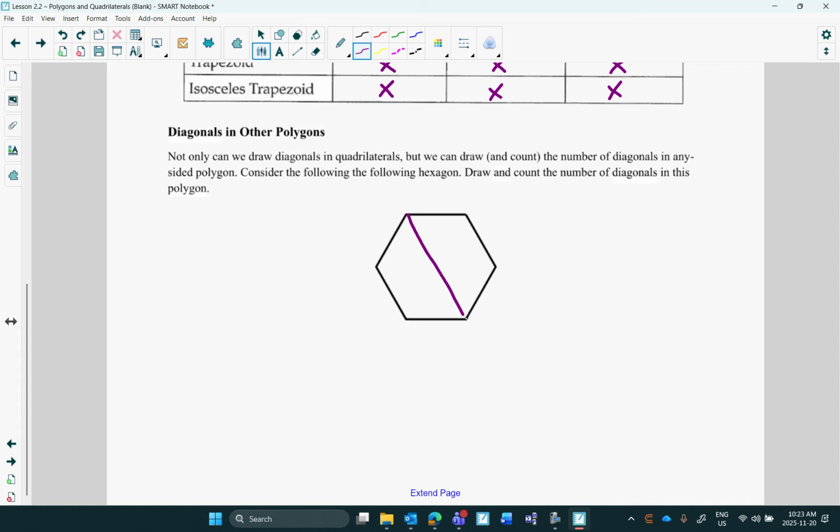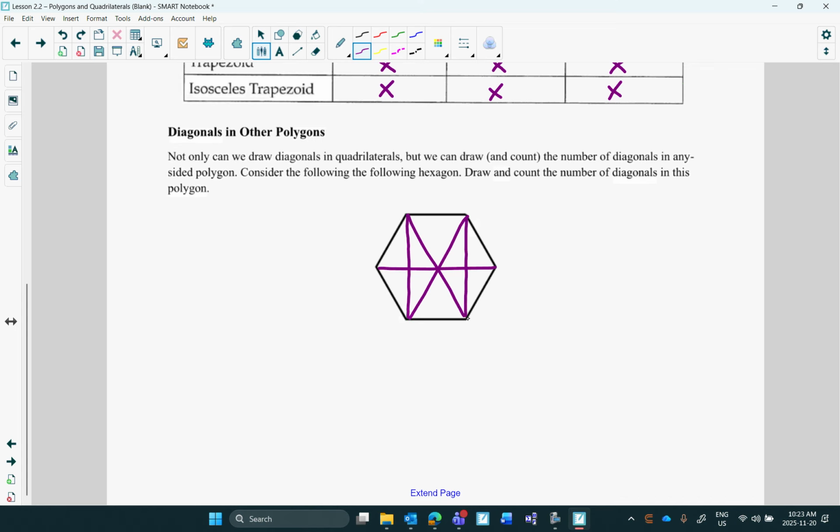Would that be 1? Are there any others? You go straight down.